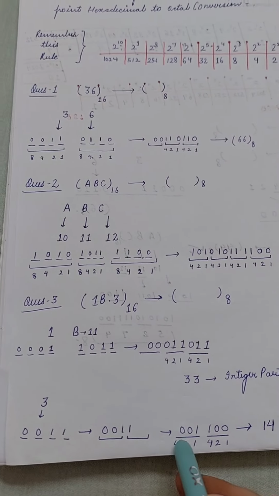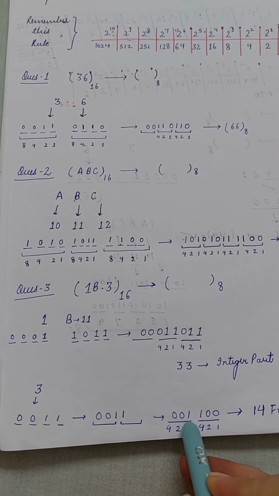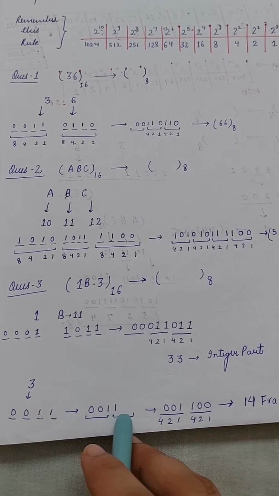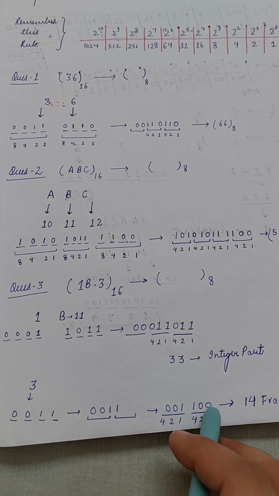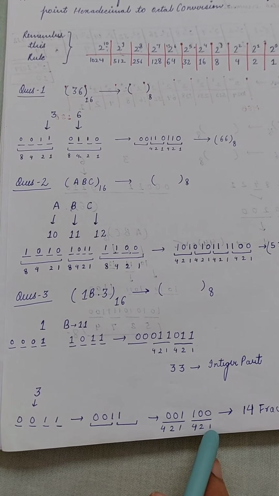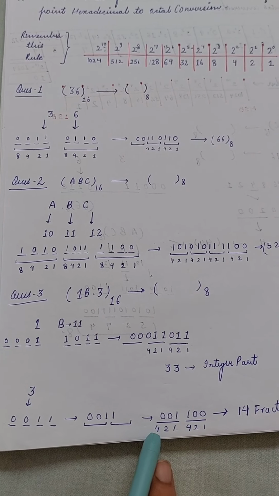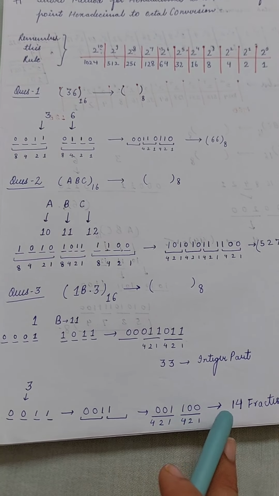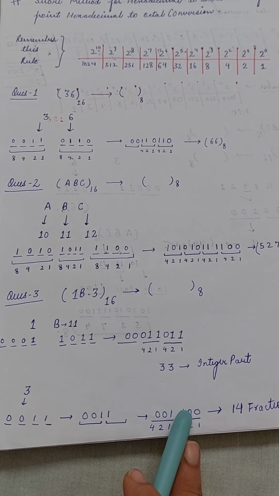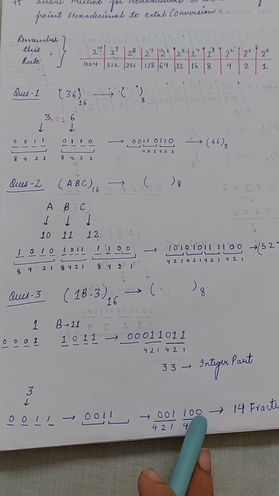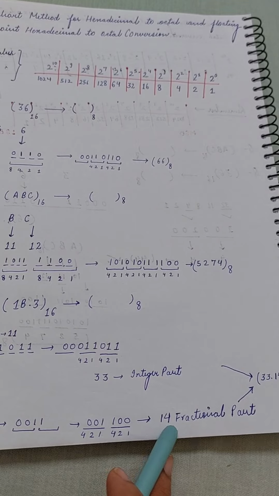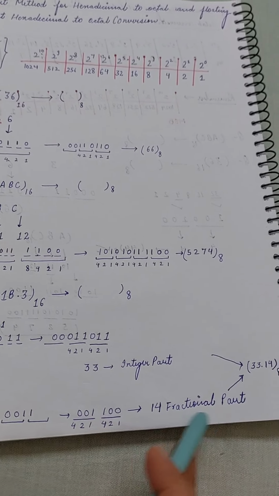So see, 0, 0, 1 will be the first pair, and in the second pair we only have 1, so we will stuff 2 zeros like this, and then you write 1 2 4, 1 2 4 as per our rule. Now see, below 1 there is only 1, so it will give you 1, and here below 1 there is only 4, the rest 2 are 0, so it will give you 4, forming the number 1 4, that is the fractional part.